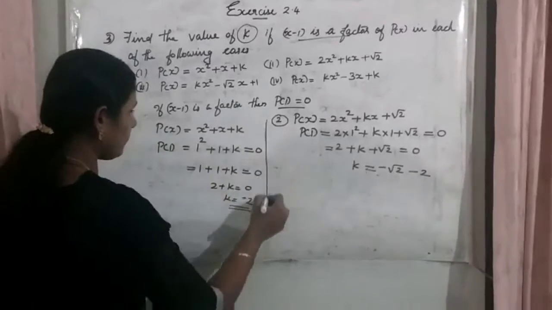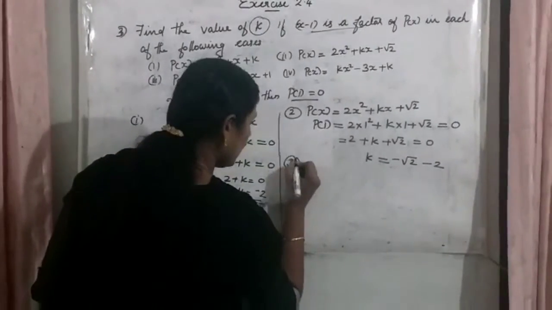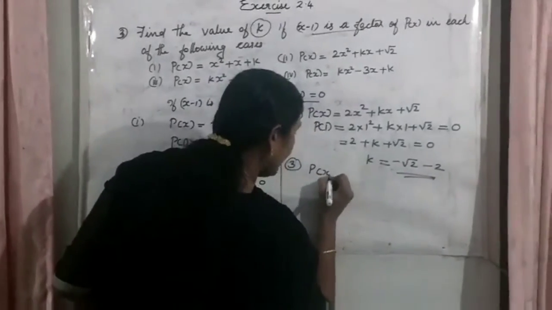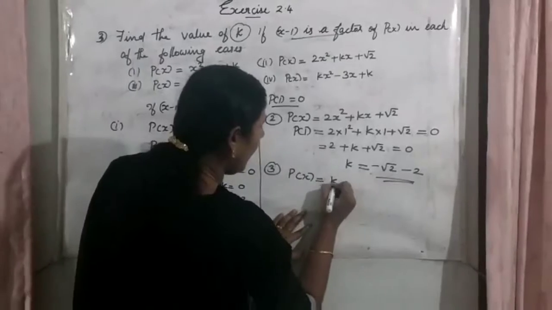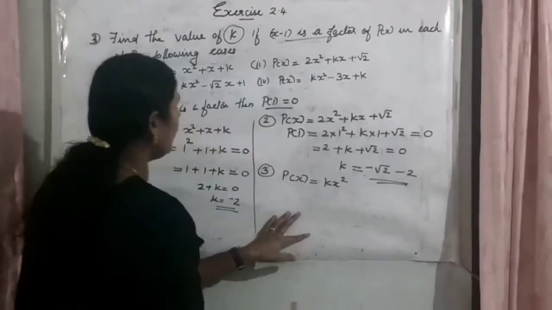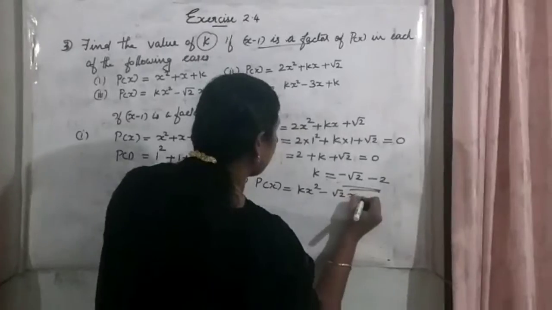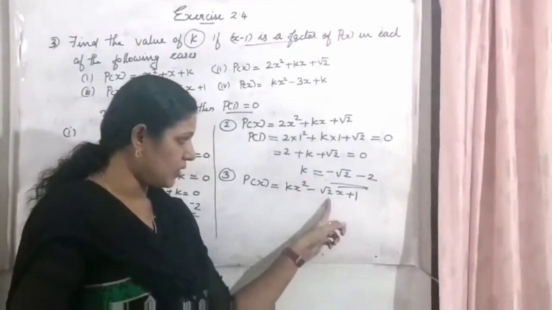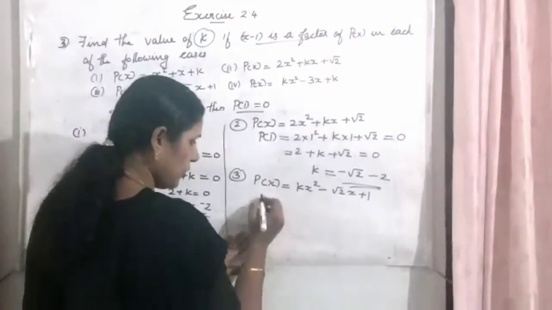Then the third question is P of x equals kx square minus root 2x plus 1. P of 1 equal to 0.